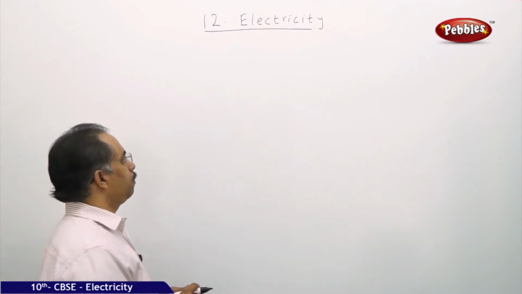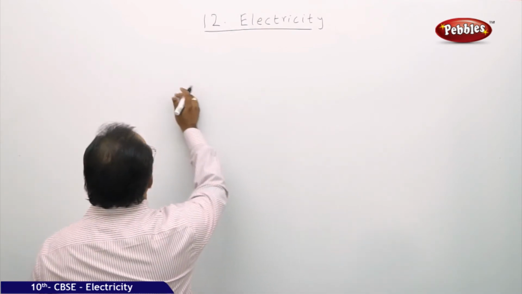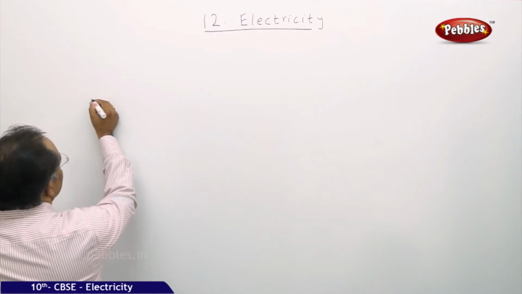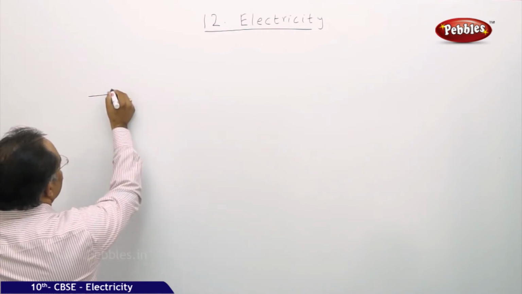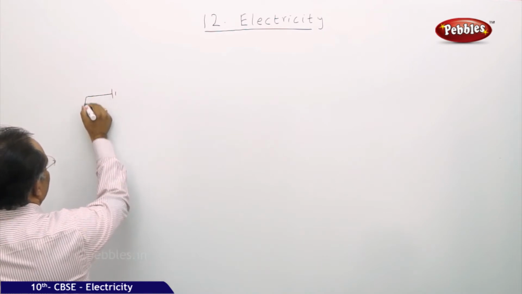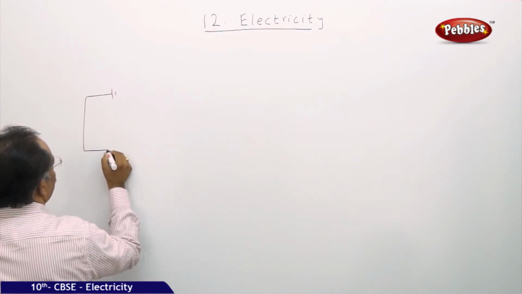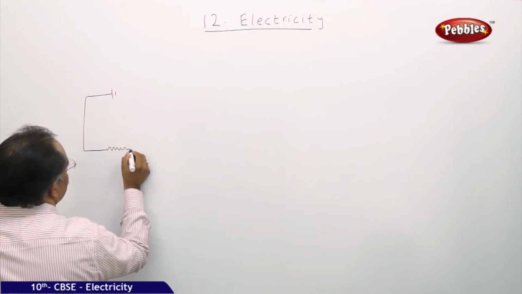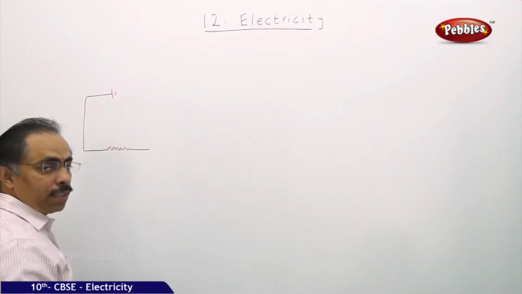We will take the example of a simple electric circuit, something like this. I have a cell over here, and then I have a resistor. A resistor is something which offers resistance.